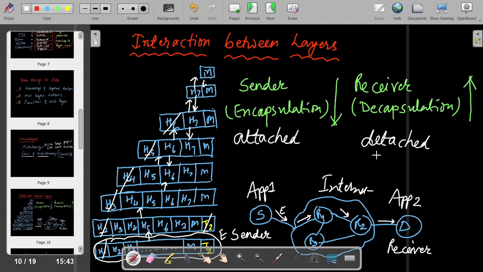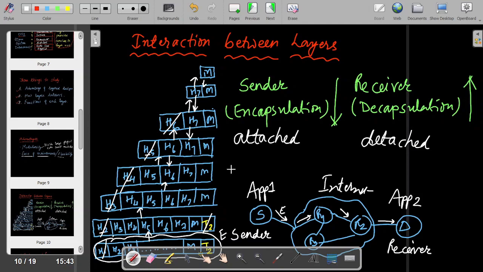This is how layers interact. In short, if a layer n receives something from layer n plus 1, it will attach its header and send it downwards. If layer n receives something from layer n minus 1, it will remove the header and send the remaining thing to the higher layer. So this is how layers interact.